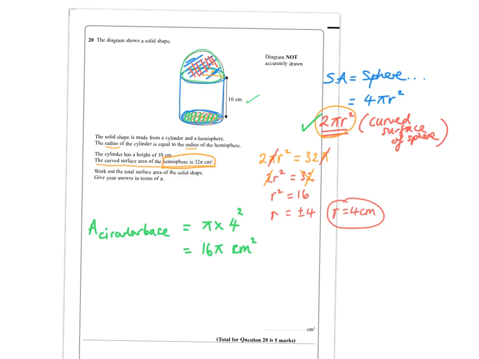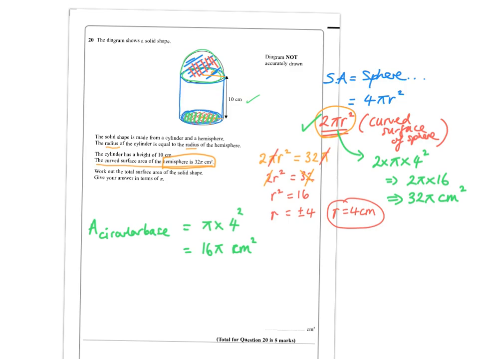And I should have said here, we now know the curved surface area of the top, that's 2 times pi times 4 squared, because we know what r is now, so that's going to be 2 pi times 16, which is 32 pi centimetre squares.